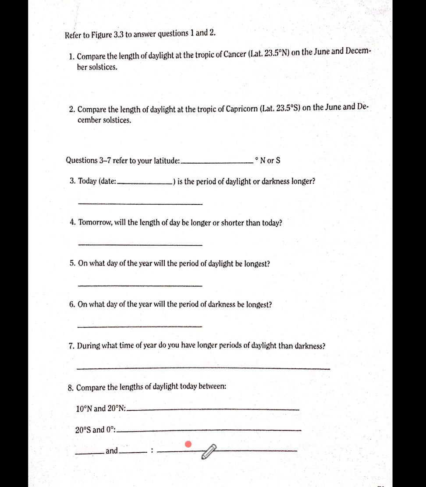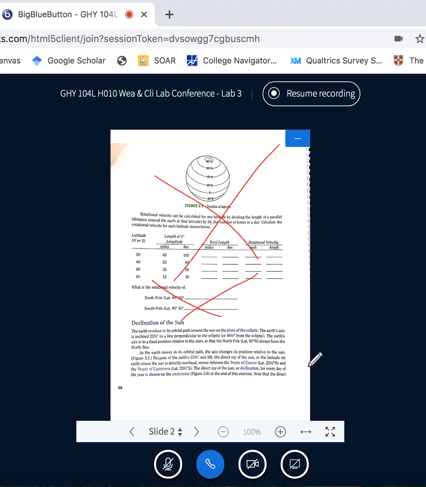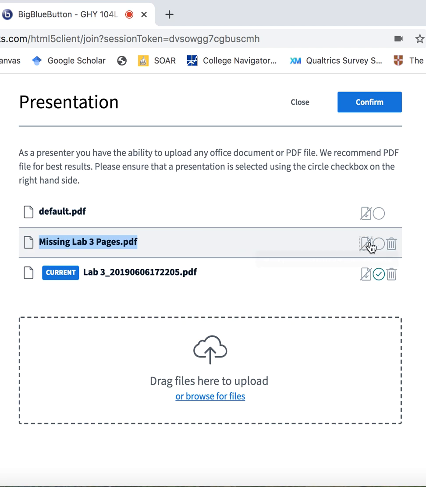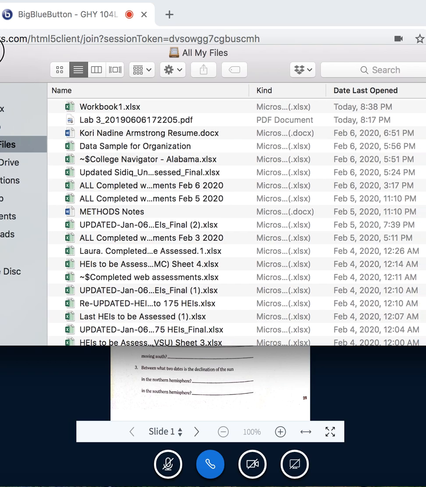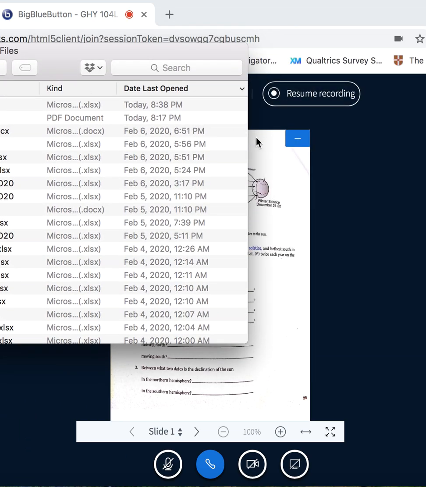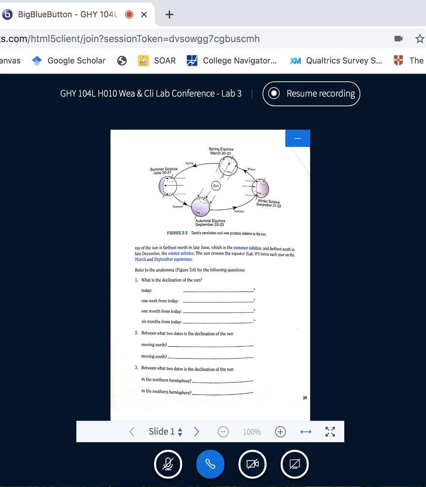So what I'm looking at is somehow missing that page. Hold on one second. And I can pull this page up really quick. Okay, so ray of sun, and we're looking at this. Now let me go ahead over here, and I can pull up. It's going to take a second. I forgot to pull this up.